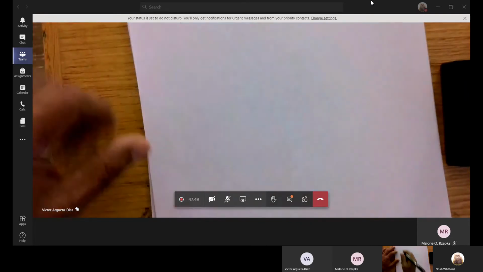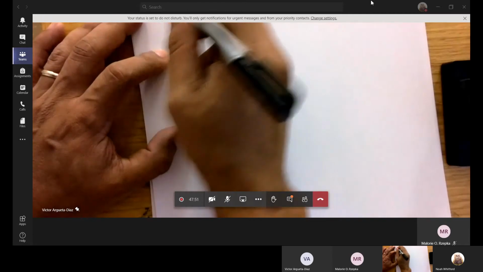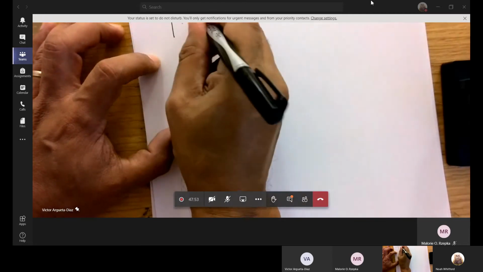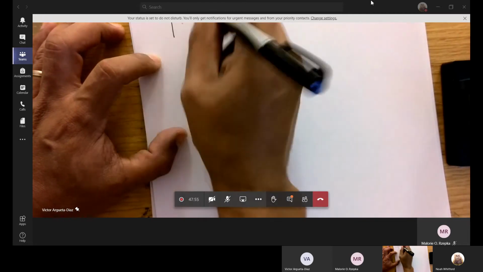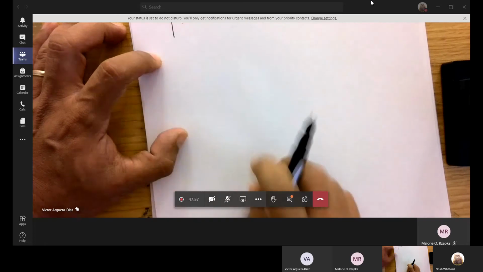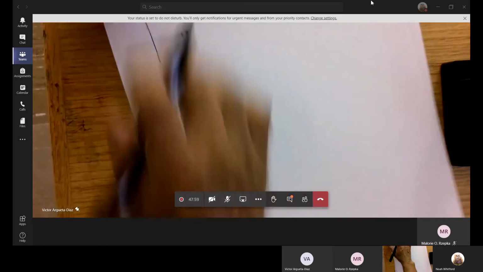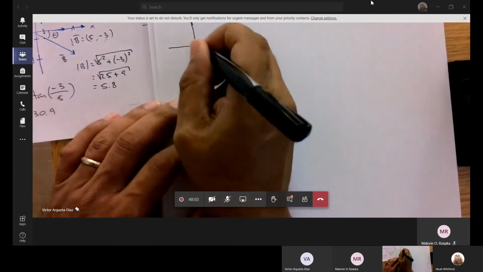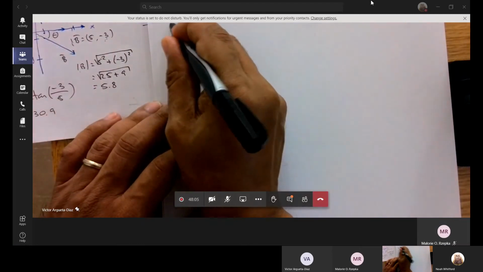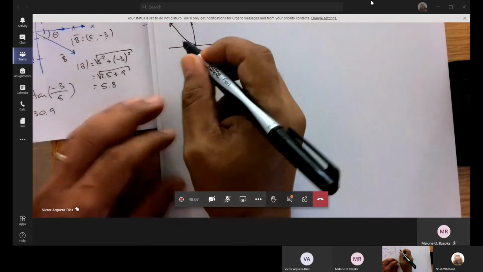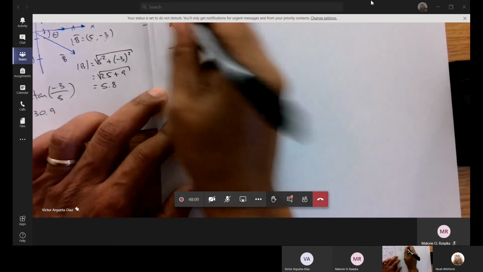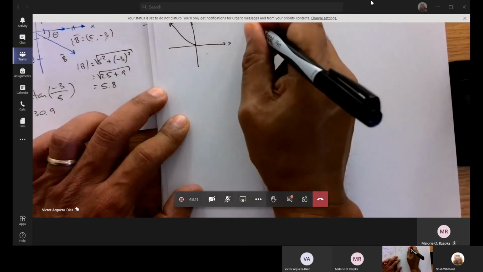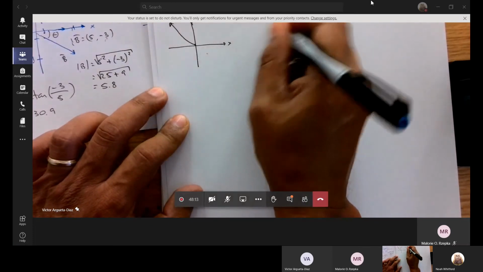I'm going to have another vector. This one is going to be in the second quadrant. And it's going to be a vector C. And the components of C are going to be minus 5, 3.